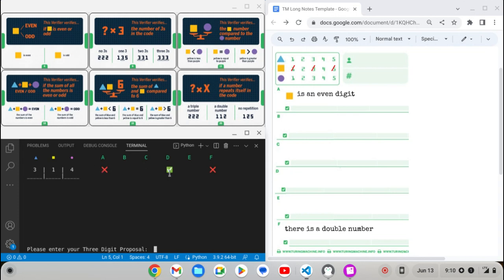That means the Turing machine is telling us, yes, the sum of the three digits is an even quantity, 8 being even. So let's go ahead and write that down in our notes for section D, that triangle plus square plus circle is an even quantity.